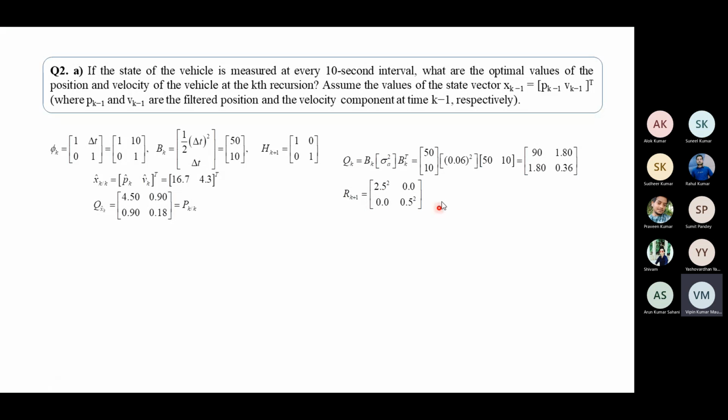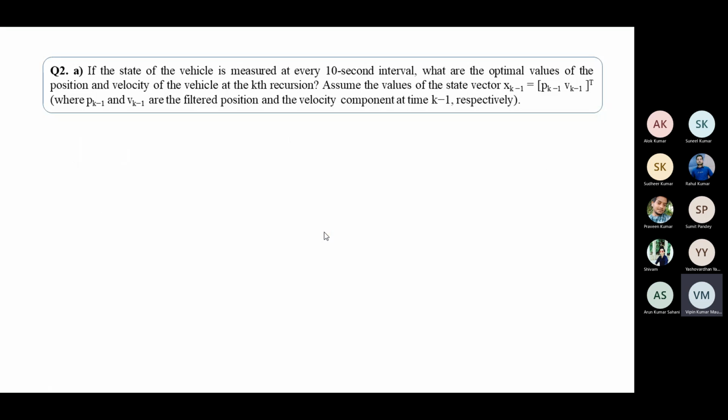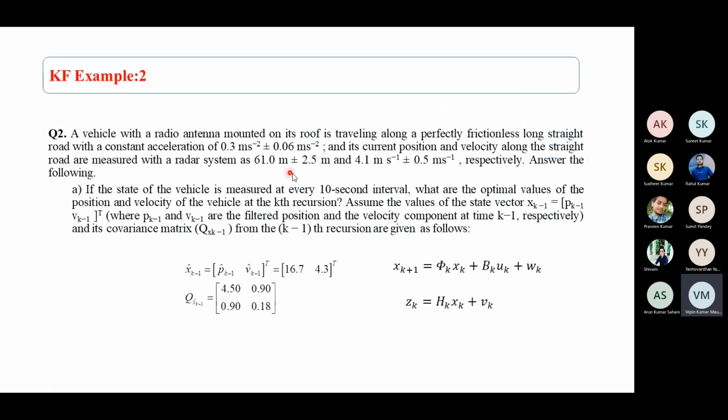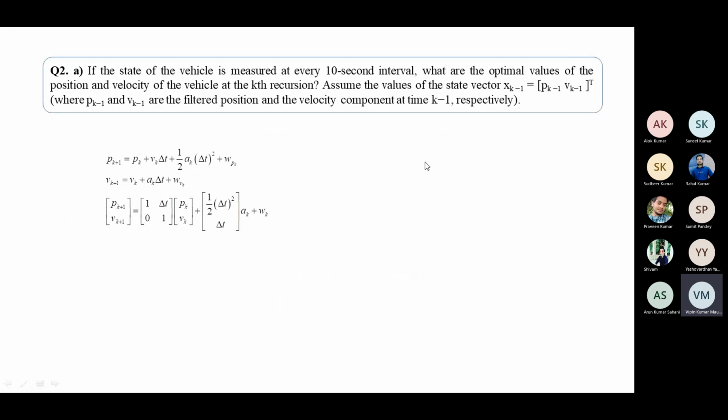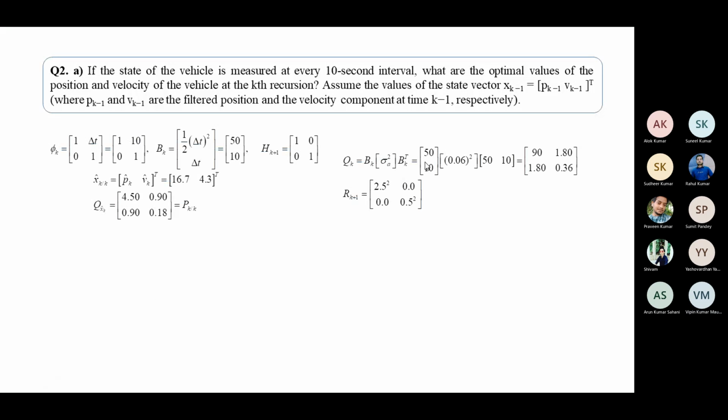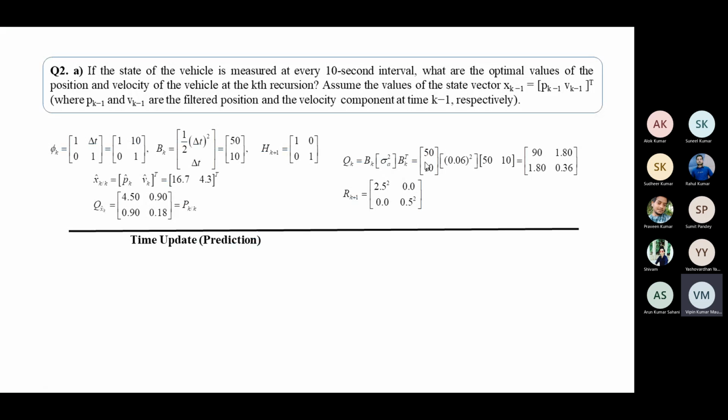But for this case, we have two observations, and for both the standard deviation is given, isn't it? We can see in the equation, yes, the mean value and the standard deviation, the mean value and the standard deviation. So that will be used for RK. RK is the observation covariance matrix from the observation noise. Okay. So now we have QK and RK. Now we can think of going for prediction and correction.